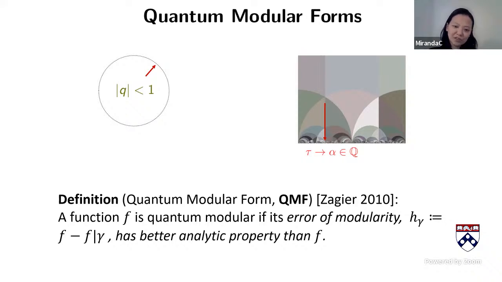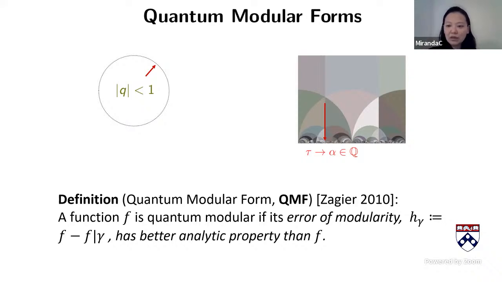This version of the definition says that in spirit, a quantum modular form is a function such that its error of modularity, namely you define a new function for an element gamma of SL2(Z), h of gamma, given by the original function subtracting the function after the modular transformation, is, for all admissible gamma, always of better analytic property than the function you started with. Then this function is what you call a quantum modular form.